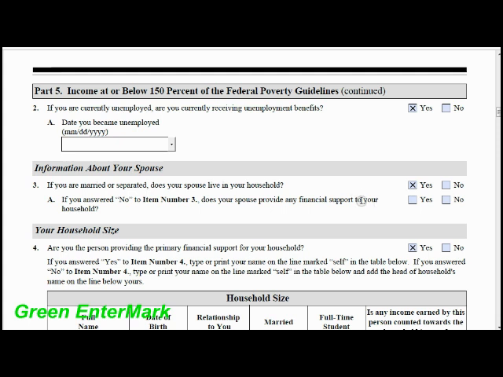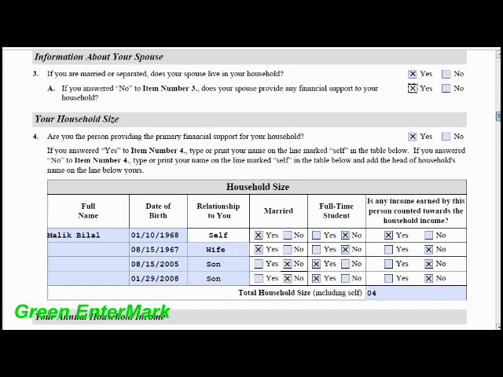If you are supporting, say no, he or she is not supporting you. And if he or she does, say yes.